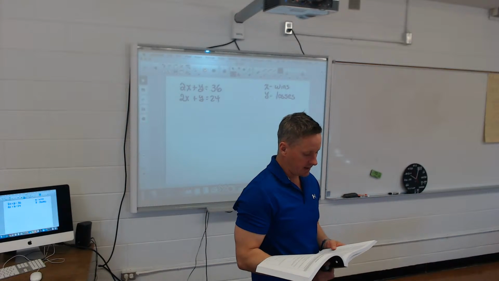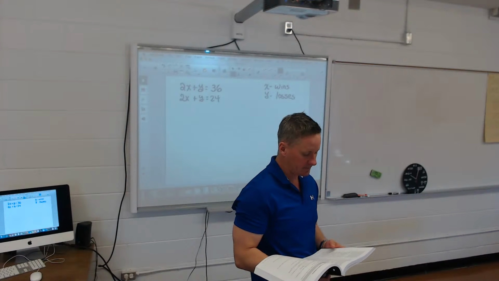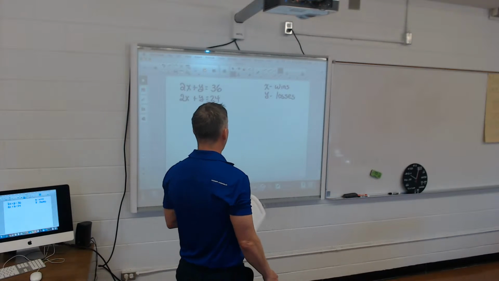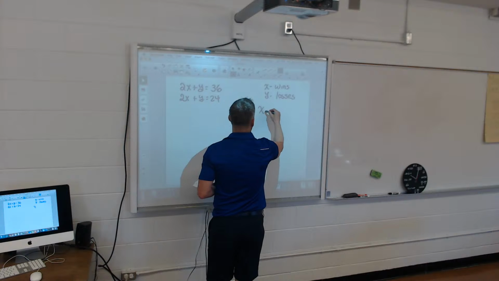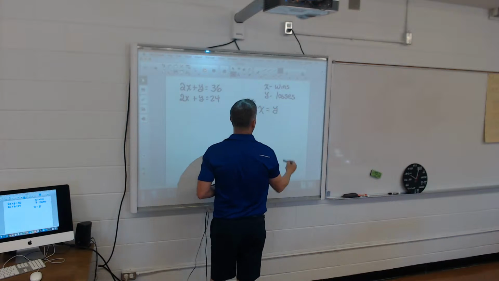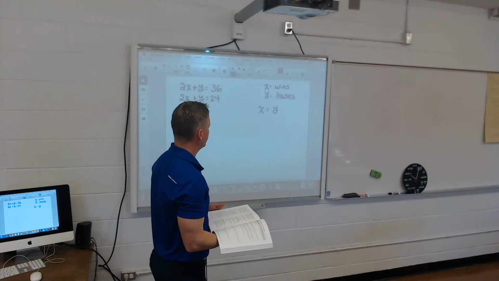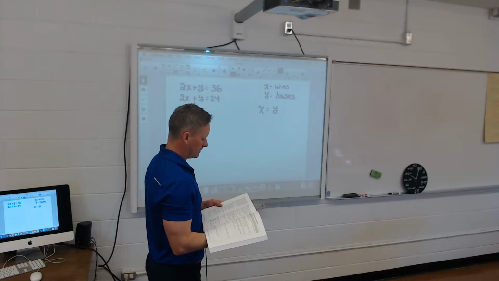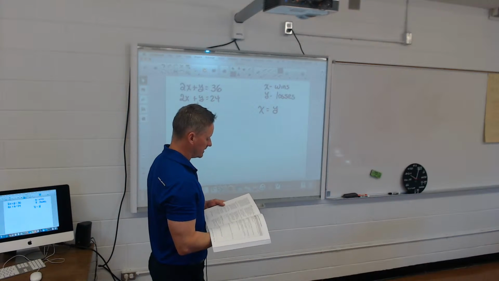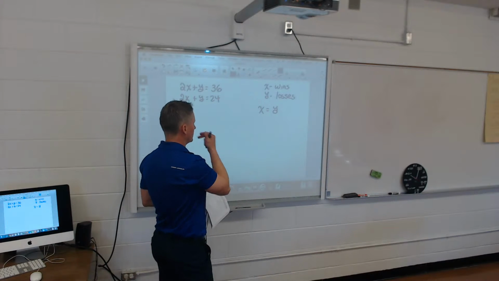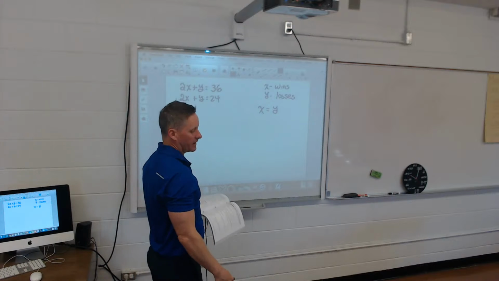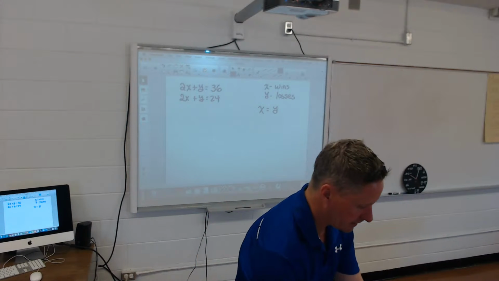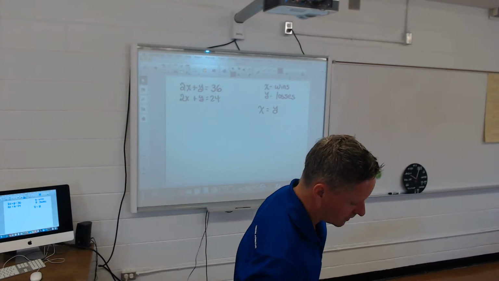It says Team A is the reverse of the record of Team B. Team A's number of wins is equal to the number of losses for Y. And Team A's losses is the same as the number of Team B's wins. Okay, so we've got to figure this out. Can you help me out here, ladies? Let's see what we can do with this question.